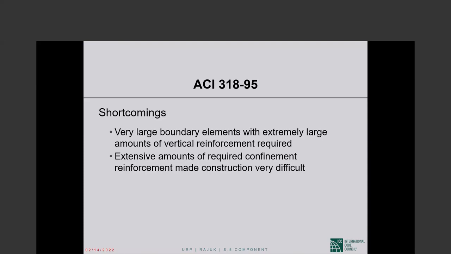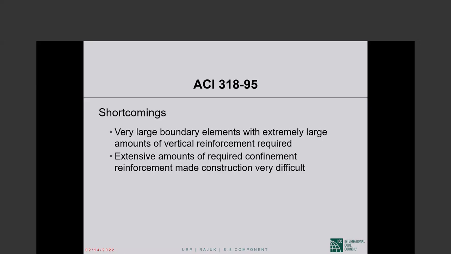Remember, every other bar laterally supported by a corner of a tie or a cross tie. The maximum spacing center to center between any two supported bars, 14 inches, and the clear spacing between a supported bar and an unsupported bar, 6 inches. So all that transverse reinforcement has to be provided.